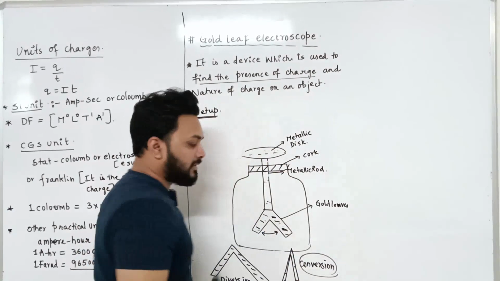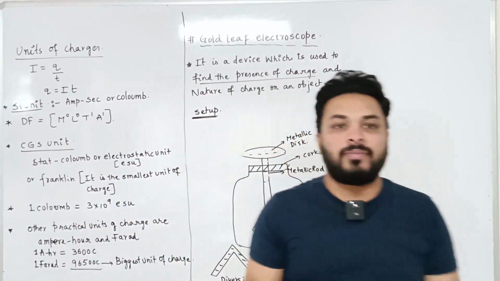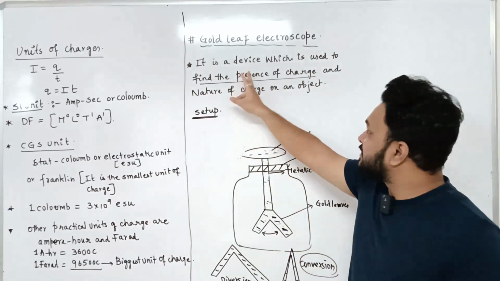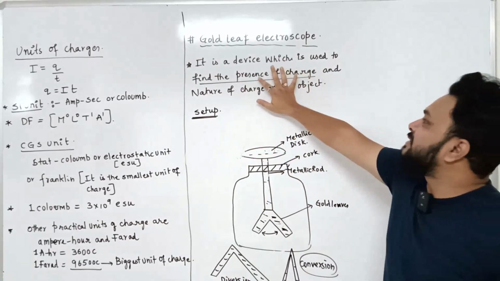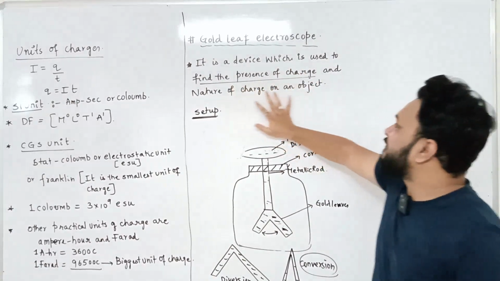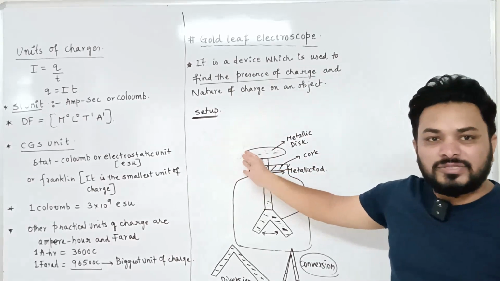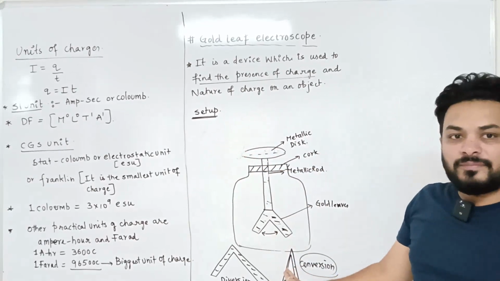So this is how exactly we are doing the experiment with respect to the gold leaf electroscope. It is a device which is used to find the presence of a charge and the nature of a charge on an object. What is the nature? Suppose if I take a positive charge here, there will be convergence. Correct?